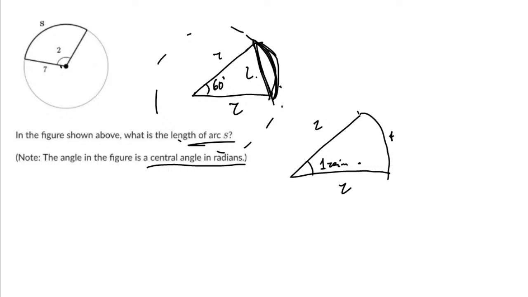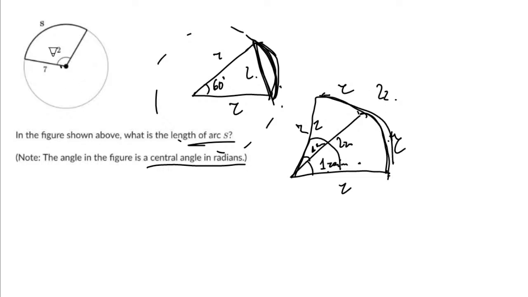would be R. So if 1 radian has an arc of R length, let's add another angle of 1 radian, so it's also R. So 2 radians form an arc of 2R.